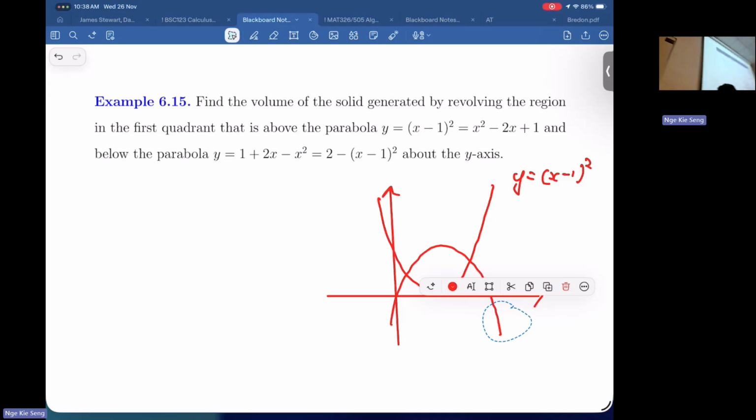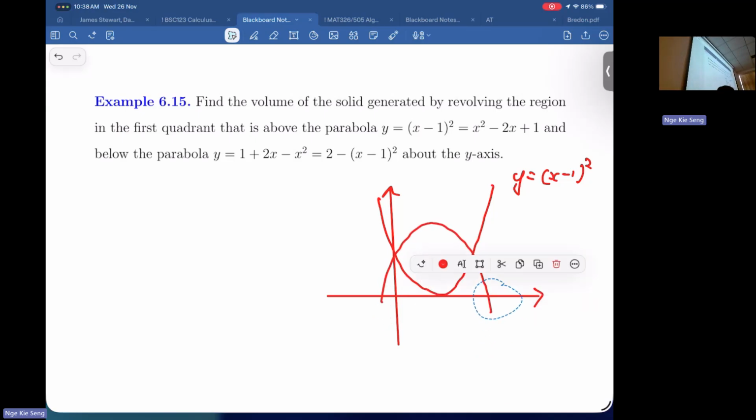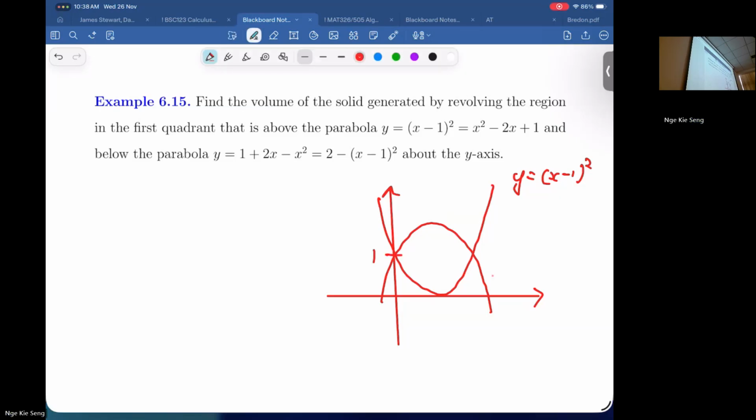Okay, so what's the y-intercept here? You can actually compute it: y equals 1, because if you set x equals 0, you get 2 minus 1, which is 1. And the other y-intercept is also 1. So the second one is here. Read the question again.